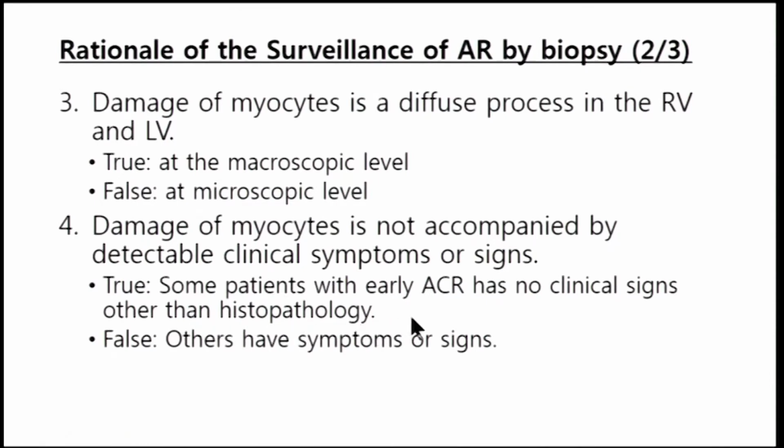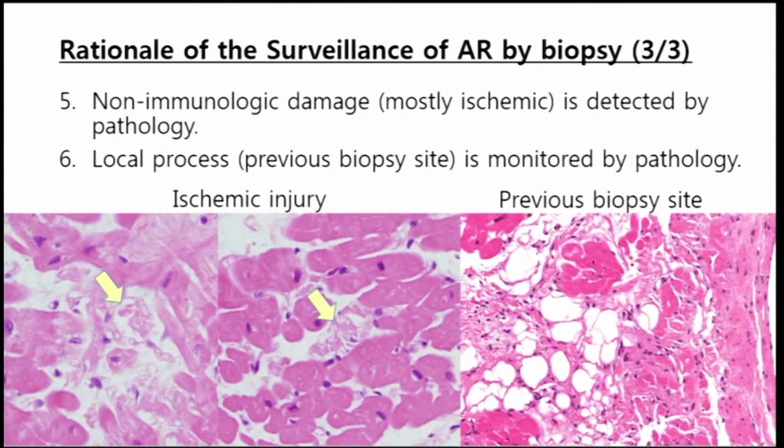That's the rationale for biopsy interpretation. But sometimes others have symptoms and signs. So in that condition, we may rely upon the clinical condition in addition to biopsy pathology. The reverse is also true. So we have to communicate with the clinician whether this is normal or abnormal, but we have to think that it may not be represented by the clinical symptoms.